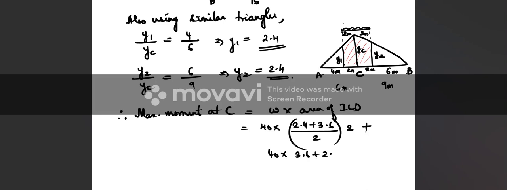So that is equal to 40 into, we'll take this trapezoid first and then the other trapezoid, 40 into (2.4 plus 3.6) divided by 2 into 2 meters, plus 40 into (3.6 plus 2.4) divided by 2 into 3 meters. This will give you the answer as 600 kilonewton meter. So that was the maximum bending moment at C.